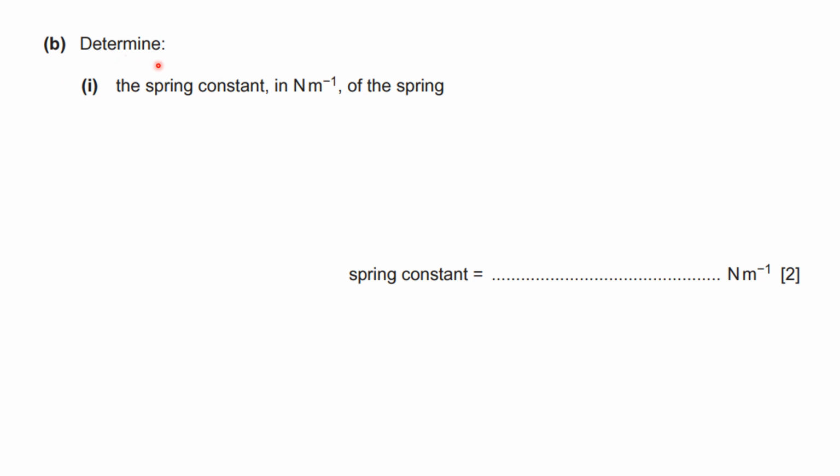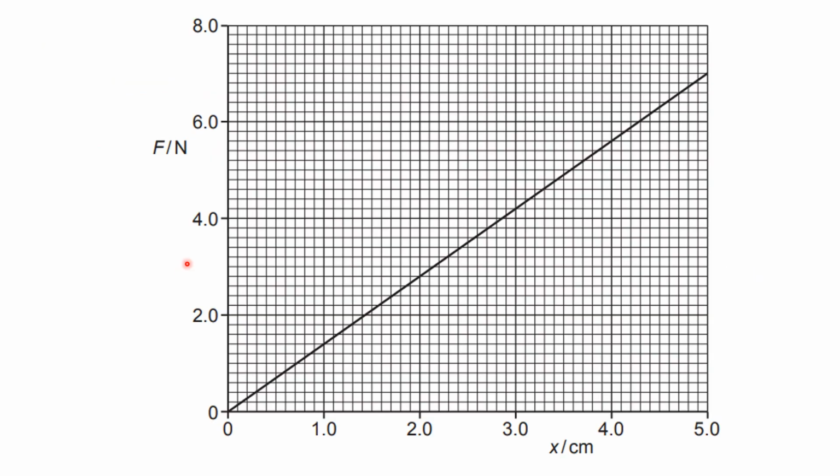B. Determine the spring constant in newtons per meter of the spring. The spring constant, represented by the letter k, is the gradient of the line, which is rise over run.